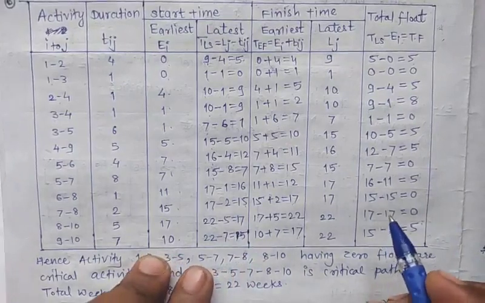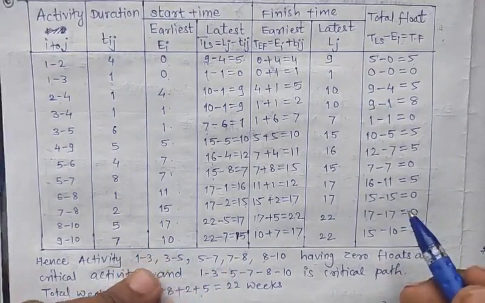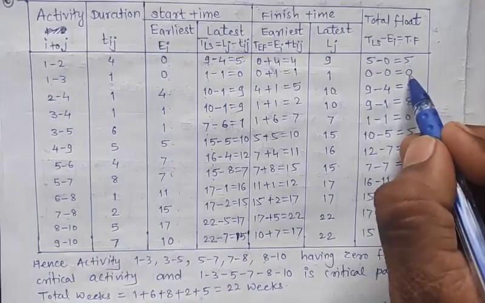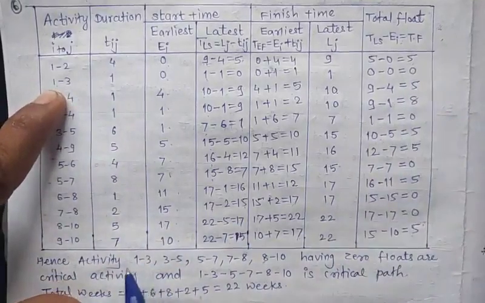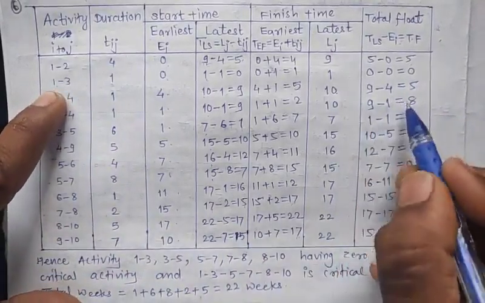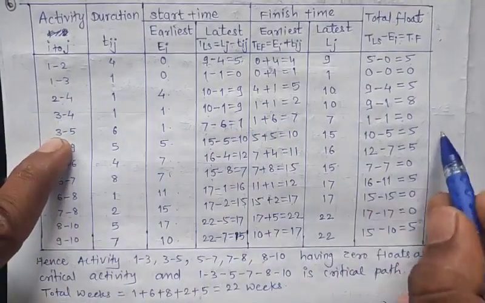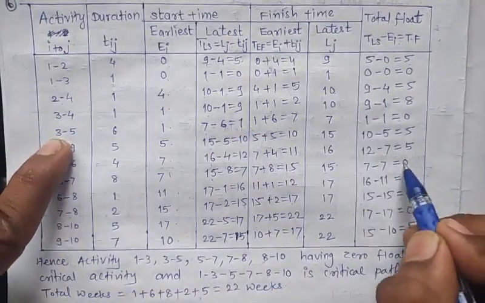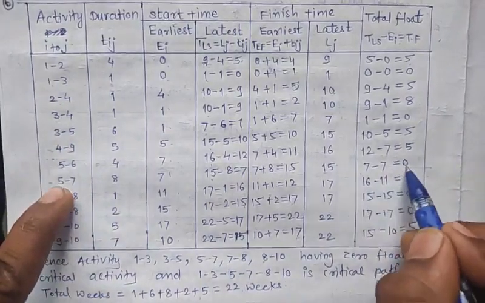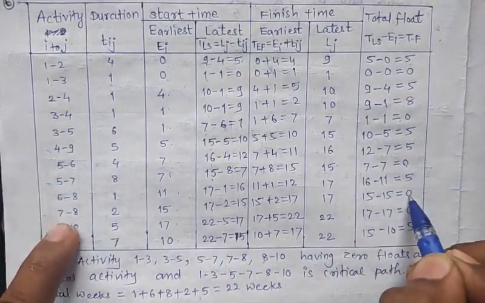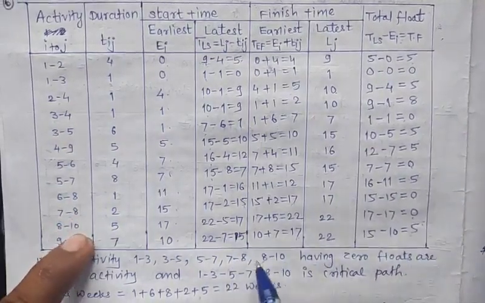Now we collect all the activities whose total float is 0; these are the critical activities. The activity with 0 float is 1 to 3, next 3 to 5, next 5 to 7, next 7 to 8, and last 8 to 10.